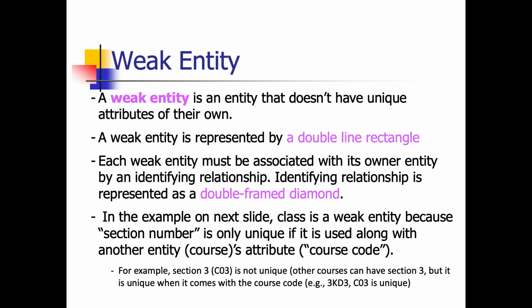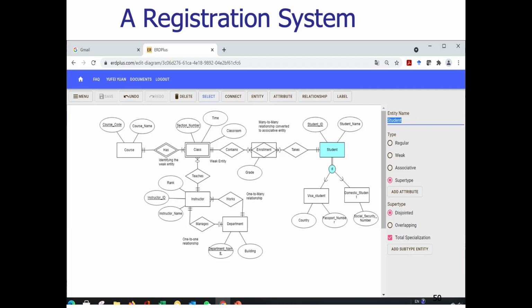For example, there could be another course, let's say the 1015 course. 1015 has section A, has section B, and so on. So the section number itself is also not unique.